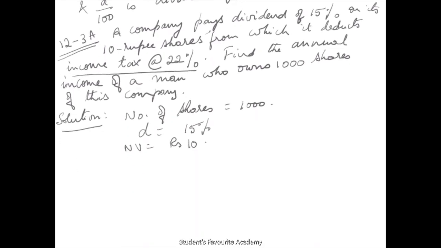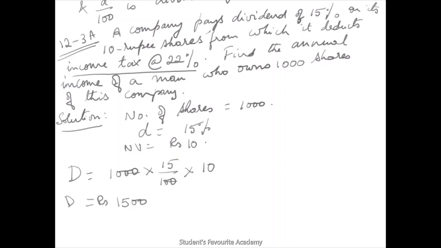So we can calculate total dividend earned or income of the person is equal to number of shares, that is 1000, into dividend percent, that is 15 upon 100, into nominal value, that is 10. If you simplify, this is equal to 1500 rupees.